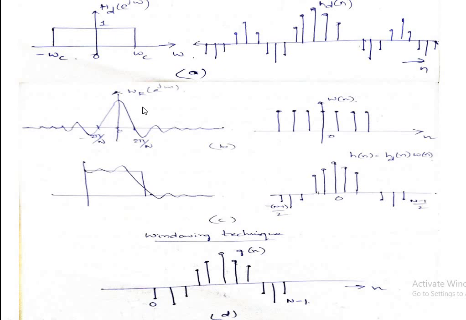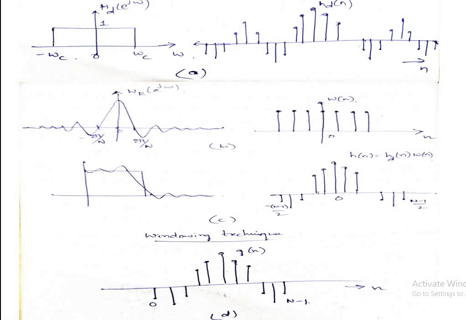The response on the left shows the Fourier transform of W of n, represented as W r of e power j omega. Since this takes a constant value equal to 1, I call this a rectangular window. That is the reason I show the Fourier transform of a rectangular window here.